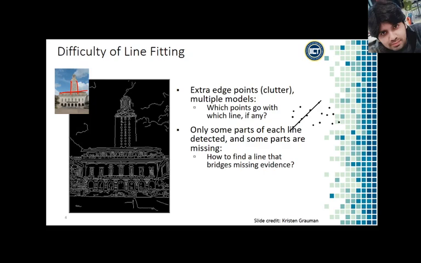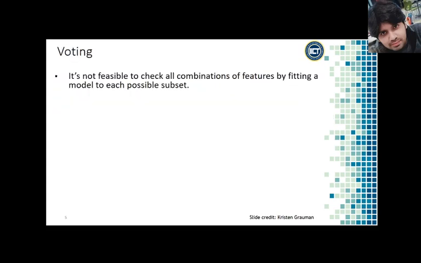There is also noise to take into account. With noise in measured edge points, like orientations, we do not yet know how to detect the true underlying parameters. As we discussed in the Hough transform, we perform voting. But it's not feasible to check all combinations of features by fitting a model to each possible subset.